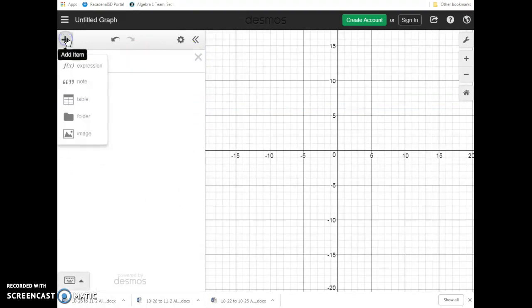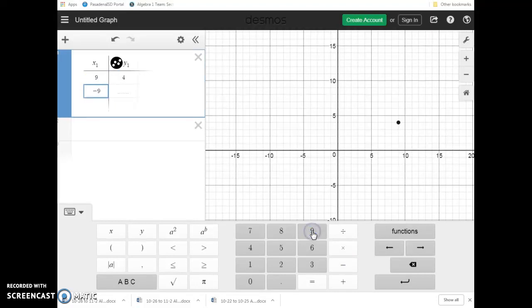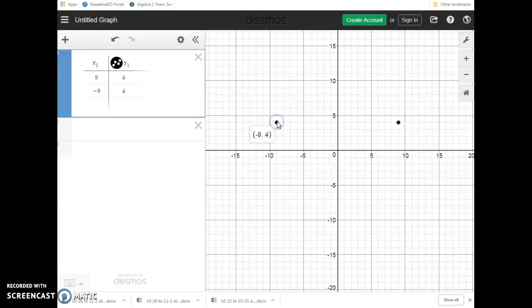Add a table and plot your points. My x is 9. If I go to the other side, that's 4. And then my next point is negative 9 and 4. So look at these points.